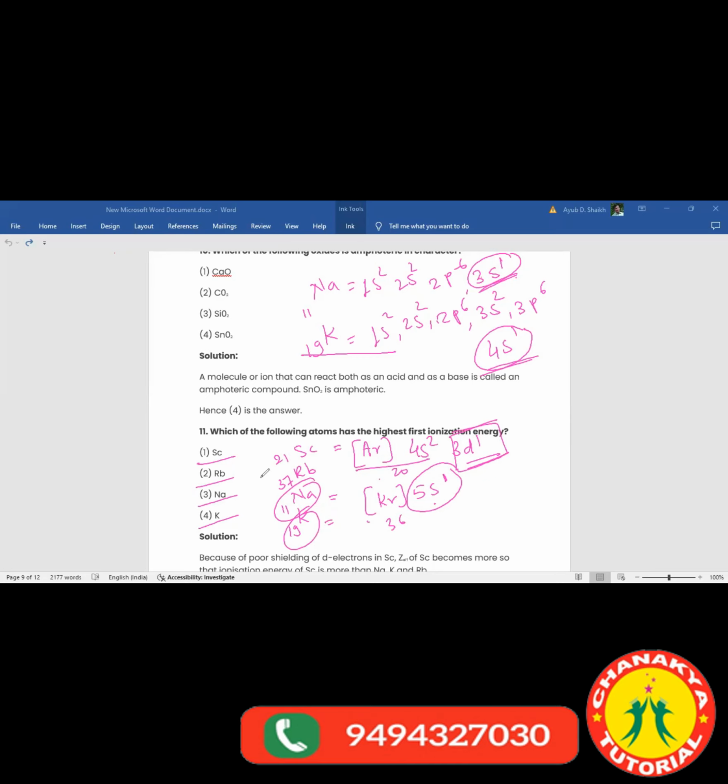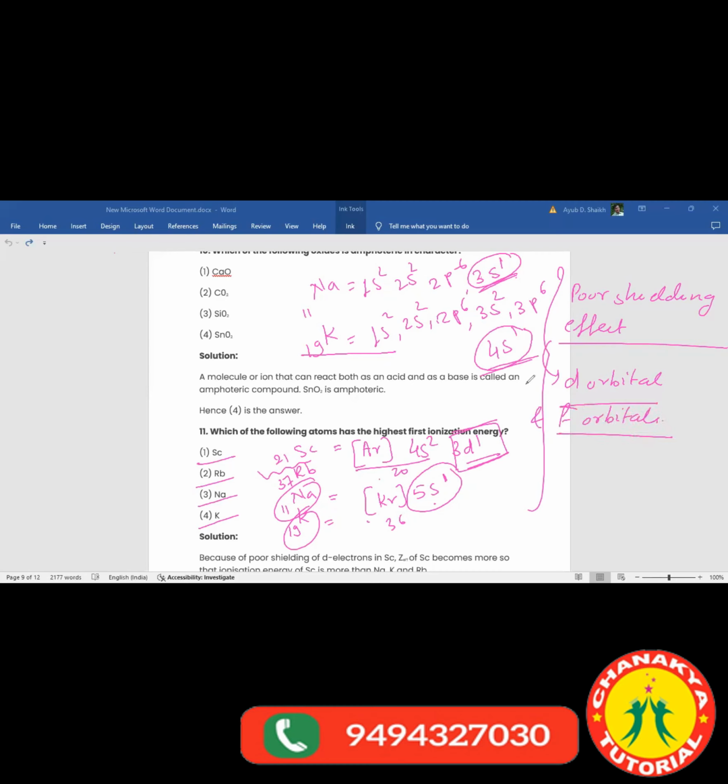Only in scandium, it is present in the d orbital. So what you have to keep in your mind is this poor shielding effect. Poor shielding effect would be shown by only two orbitals, that is d orbital and f orbital, right?